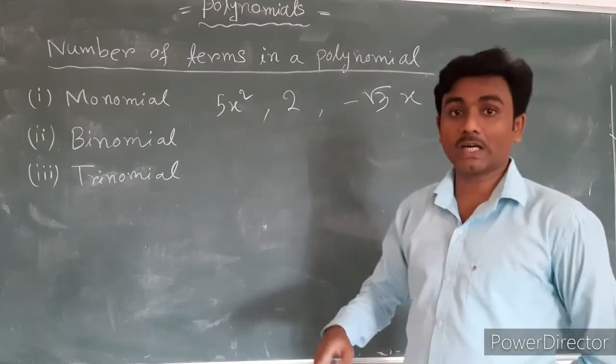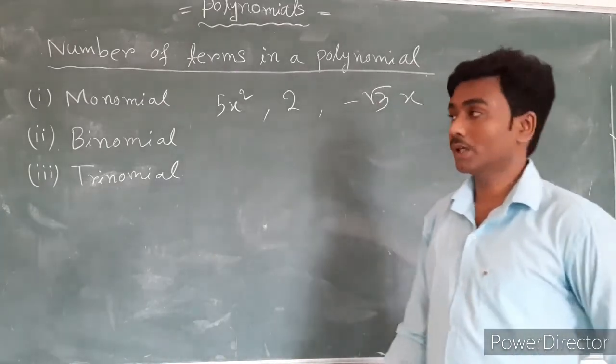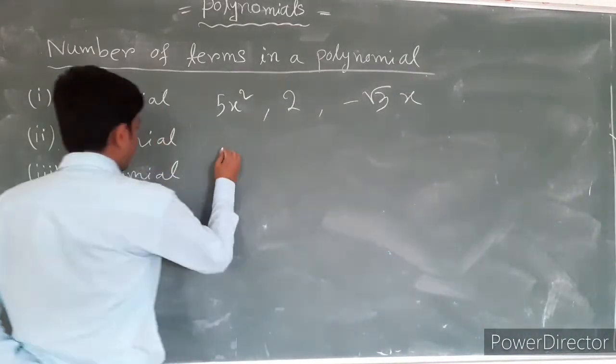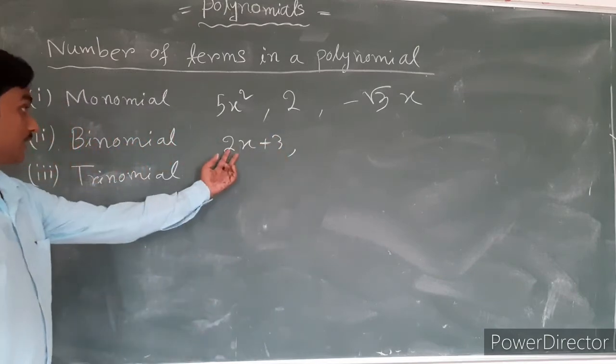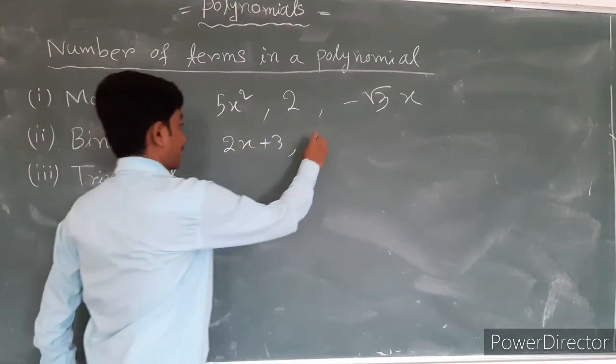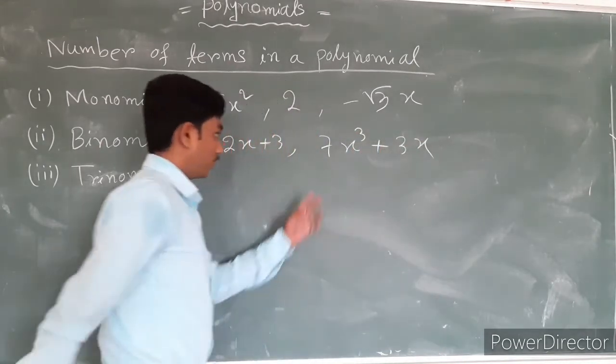If the number of terms is 2, then the polynomial is called a binomial. For example, 2x plus 3 is a binomial because it has two terms. 7x cubed plus 3x is also a binomial.